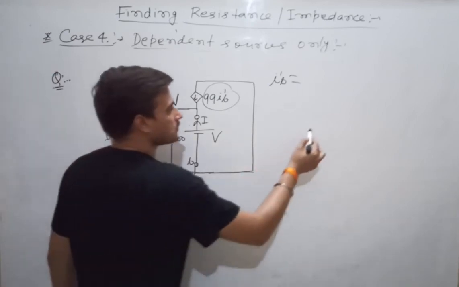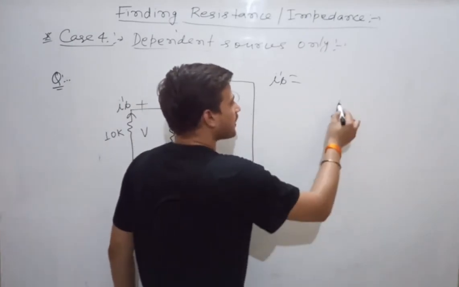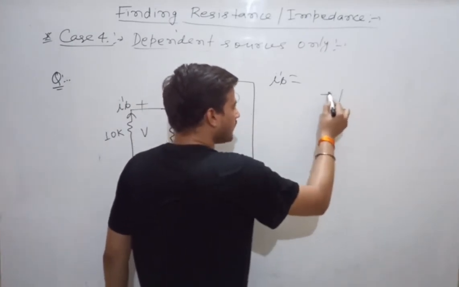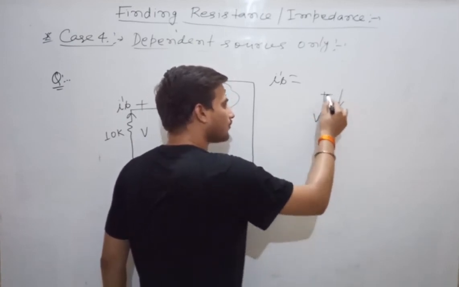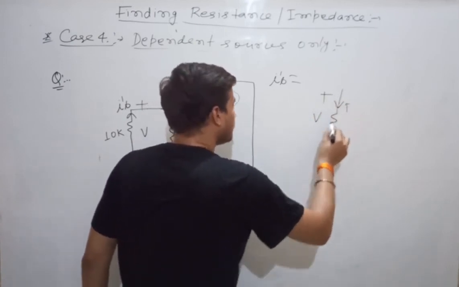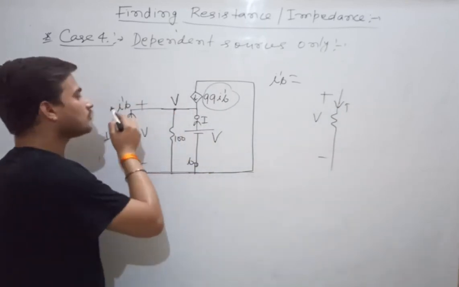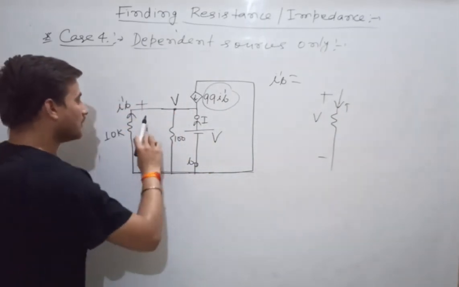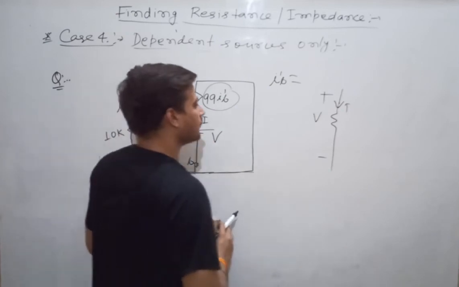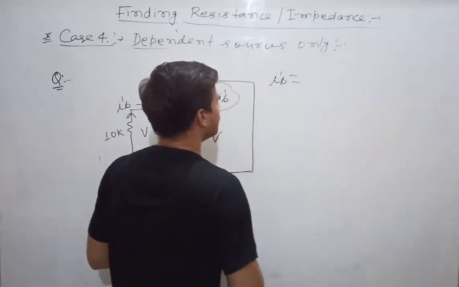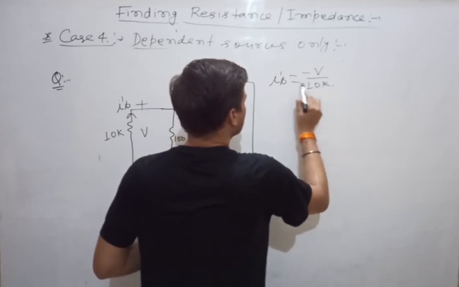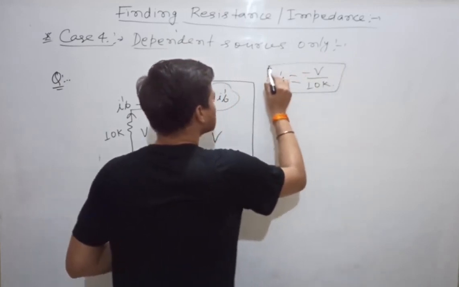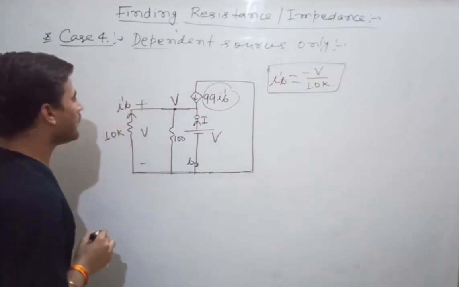Suppose you have a resistance like this and this is V; the current will be from positive to negative terminal. But here the current is from negative to positive terminal, which means the voltage will be minus V. So IB dash is equal to minus V divided by 10K.